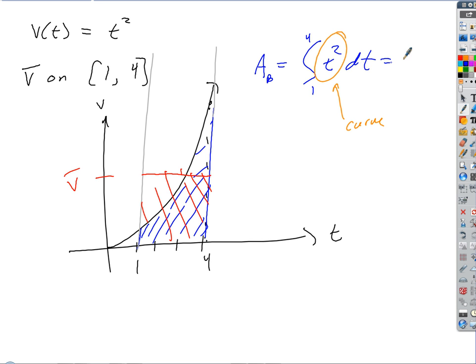T cubed over 3. So we're just going to evaluate that from 1 to 4, right? So that gives us 4 cubed over 3 minus 1 cubed over 3. Or if I want to, I can pull the 1/3 out front, right? Either way, I'm just going to get 64 thirds minus 1/3 is 63 thirds, right? Which is what? That's 21?